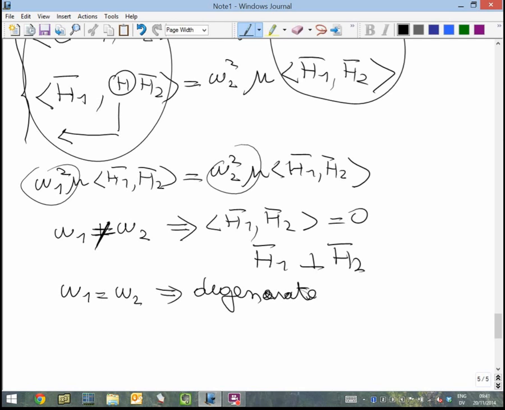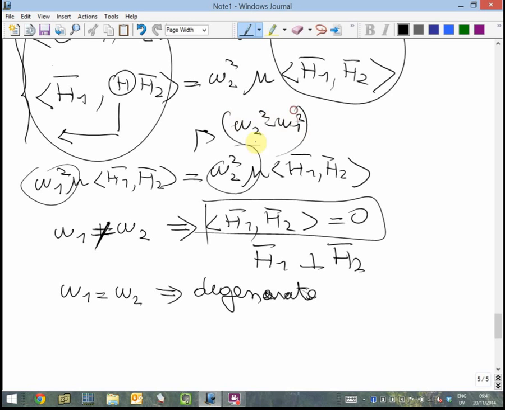And in this case, you can't really say that this scalar product is 0, because of course this reduces to omega 2 squared minus omega 1 squared mu h1 h2 equal to 0 if you bring them all to the left-hand side. Here, if these two are equal, you would be dividing by 0, so you can't conclude that the scalar product of h1 and h2 is equal to 0.